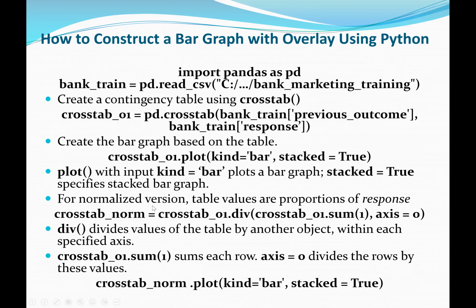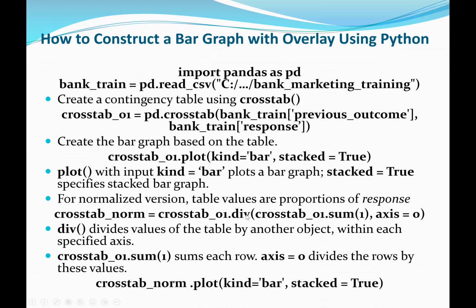Now for a normalized version, the table values are proportions of the response. So here we have again crosstab_01, which is our contingency table. This time we are using the division. Then we sum, crosstab_01.sum(1), and then axis equal to 0.